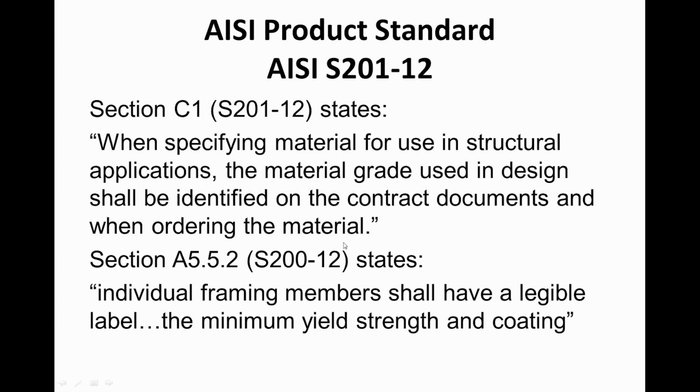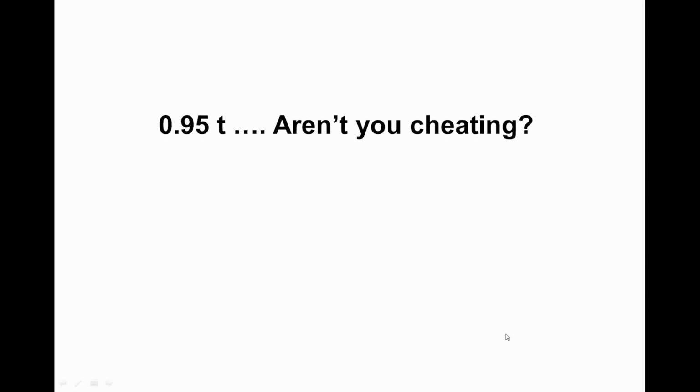So as we move into 2012 versions of our framing standards, we will now have to designate on our members what the yield strength and the actual coating is. So this is something to think about as we move forward into the 2012 edition. So what's the yield strength?